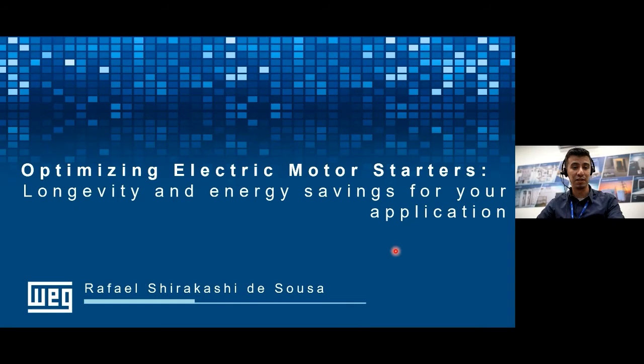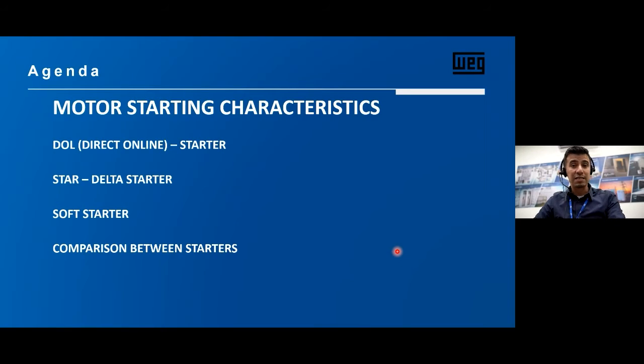So before we start with the technical points, let me jump to the agenda for today's talk. And I'm gonna get also the laser pointer. Cool. So guys, this is the agenda for today. So we're gonna start with the motor starting characteristics, right? So in this module, we're gonna talk pretty much about the current behavior and also the torque behavior of the induction motors when we are starting a motor.